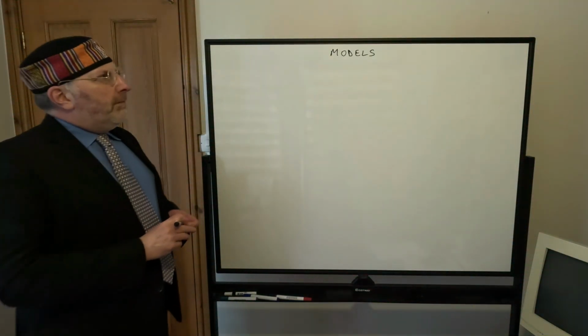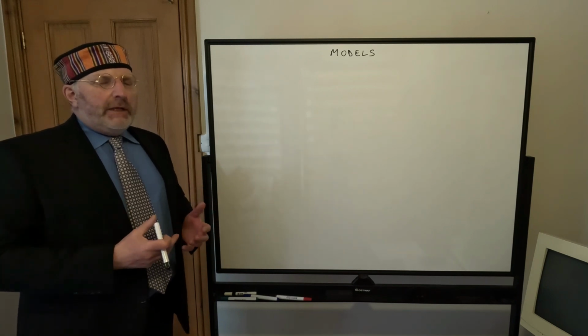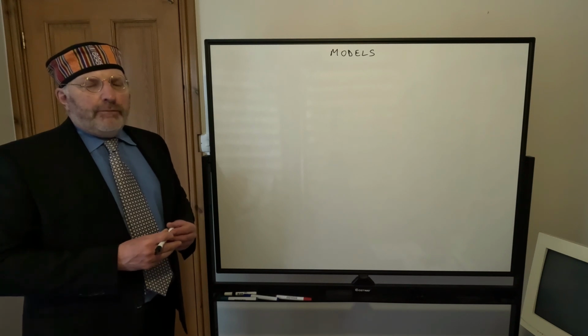We're now going to look at some models that explain power laws. By that I mean systems of equations that result in power law behaviour.